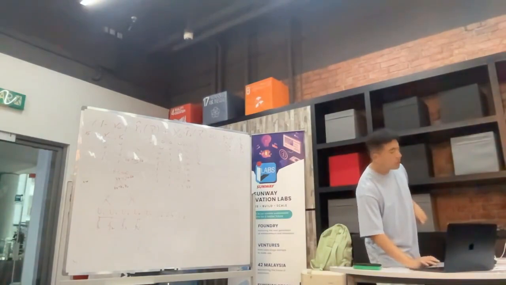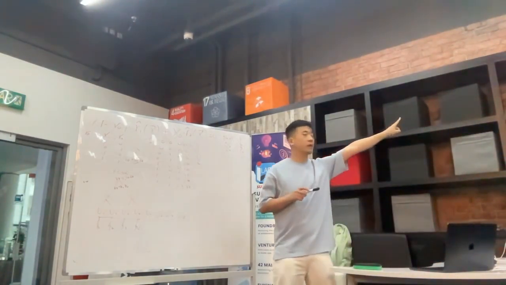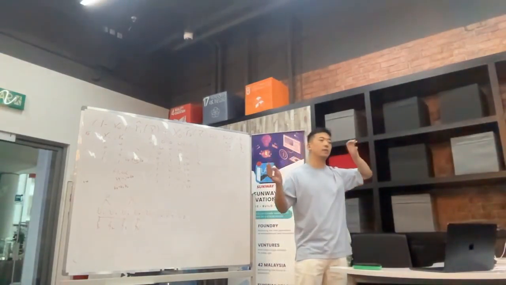And then, actually, R1 and R2 are the constraints for each thing.